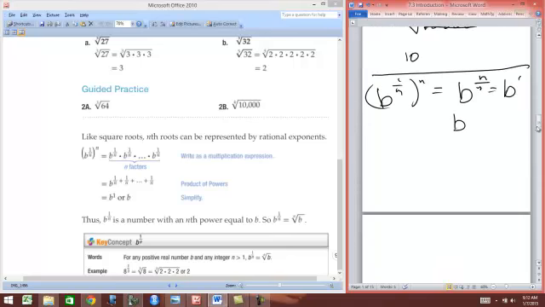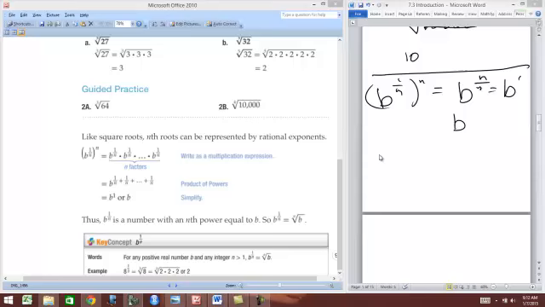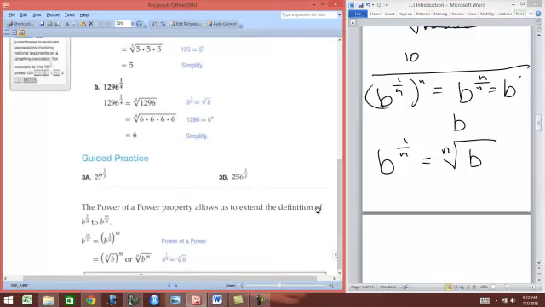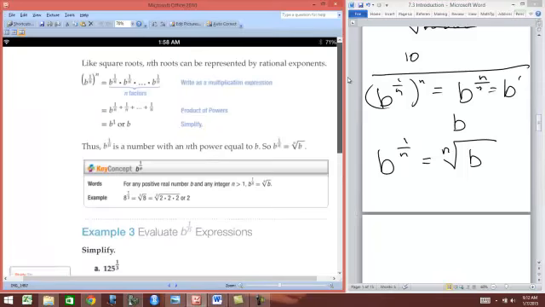This is kind of just a restatement of what we've been saying so far. So b to the 1 over n equals the nth root of b. All right. This is kind of not really new territory. We sort of talked about this already. Okay. And then they restate it here. B to the 1 over n equals the nth root of b.